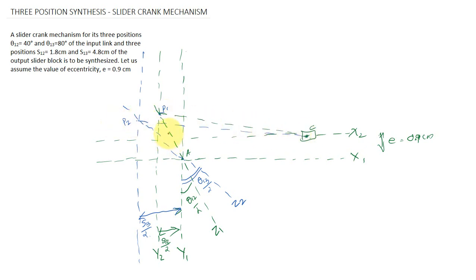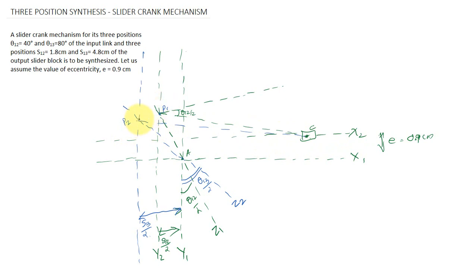Okay, so from this line P1C you have to mark the line P1M1, which is at an angle of theta 12 by 2. So this angle is theta 12 by 2. Then from the line P2C draw a line which is at an angle of theta 13 by 2.